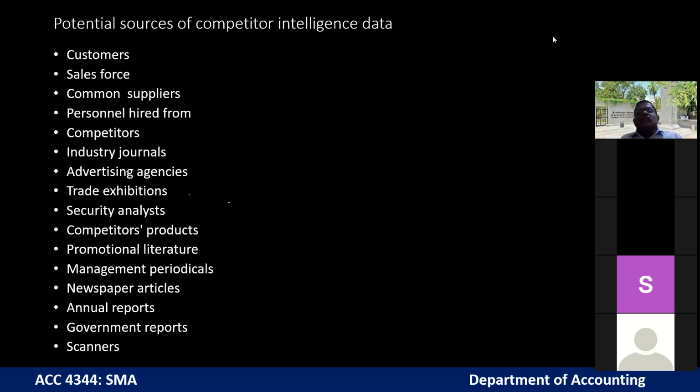Those are the sources of intelligence data. I think there's no need to explain it. This is a given list as an example, but you can develop many more items for the list as you learn other information.